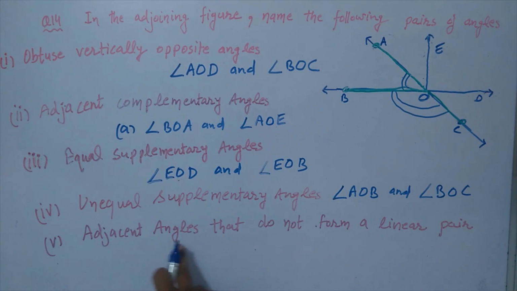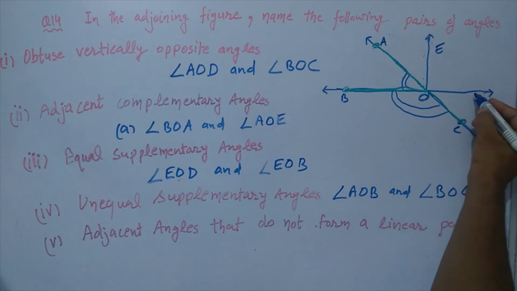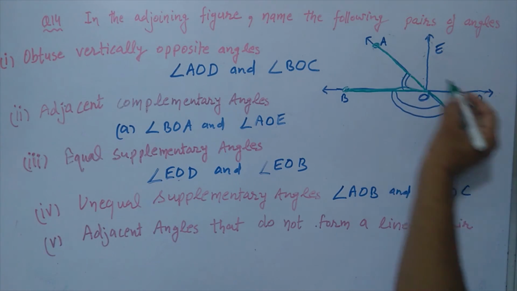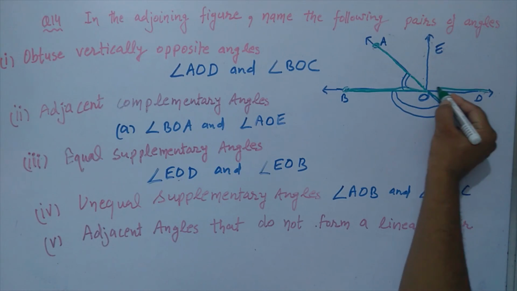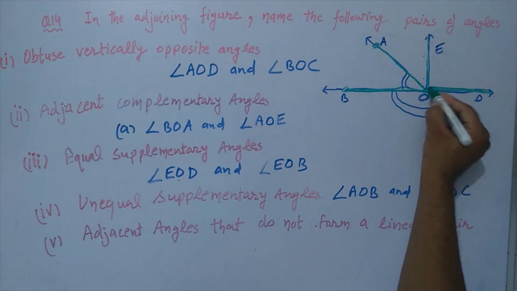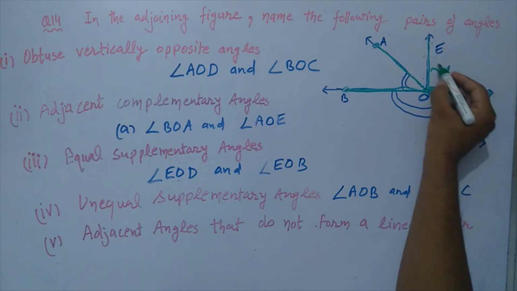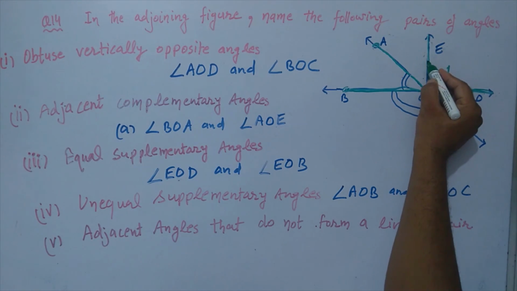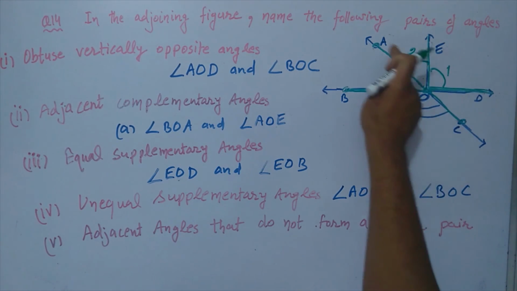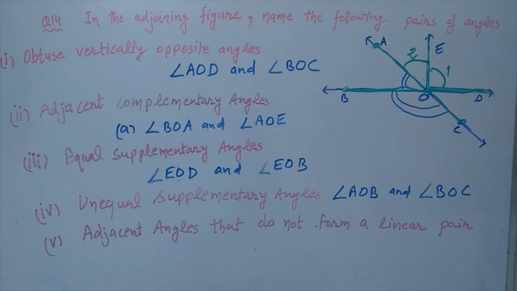Last part, adjacent angles that do not form a linear pair. So what we see here, suppose this is angle 1, and after this is angle 2. They are not making a linear pair.